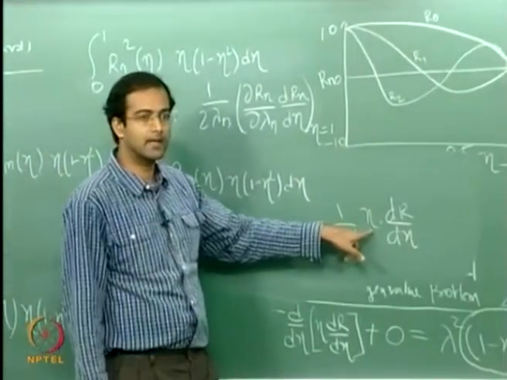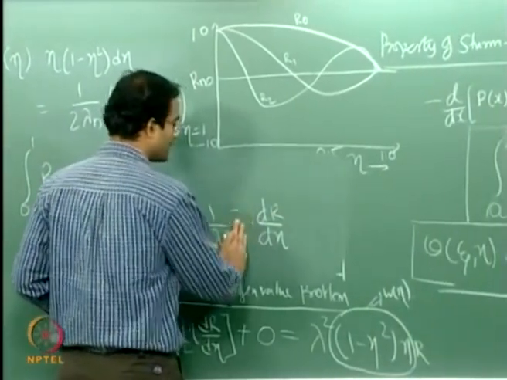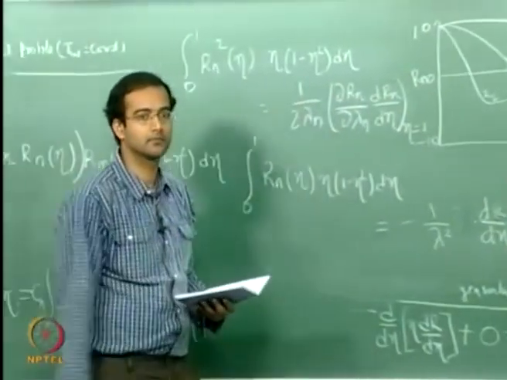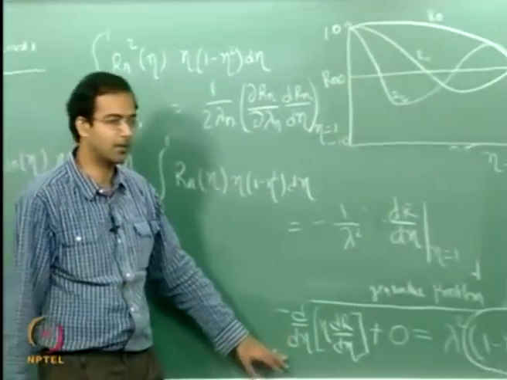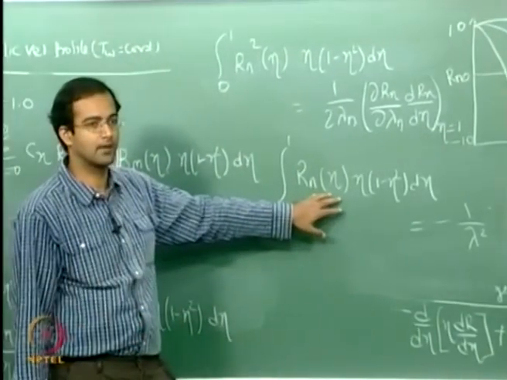So at 0 eta will be 0, so this should be evaluated at eta equal to 1. This comes from the eigenvalue problem itself. So I can just integrate and find out the value of this.